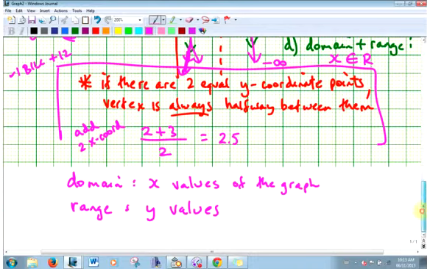But how do we write that in math? Everything less than or equal to 3.5, where y is real numbers. Okay? We just finished inequalities, right? That should make sense. Any questions on that?